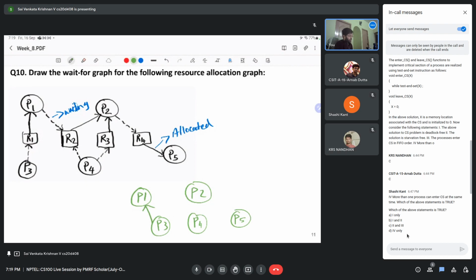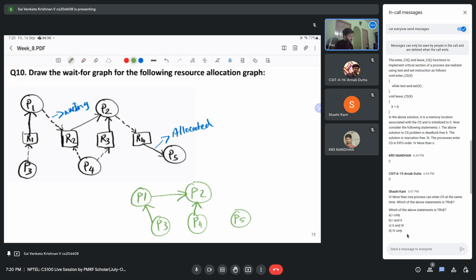And if you take resource R2, R2 is allocated to P2, and both P4 and P1 require resource R2. And when will they get it? Only if P2 frees the resource. So P1 is waiting for P2, and P4 is also waiting for P2.